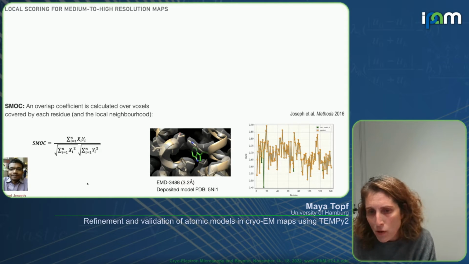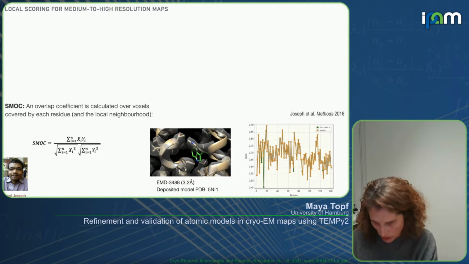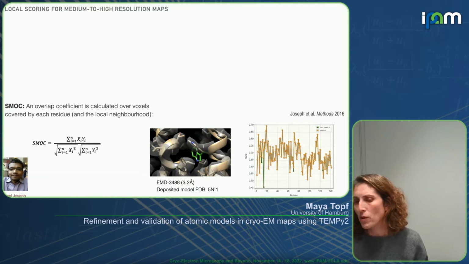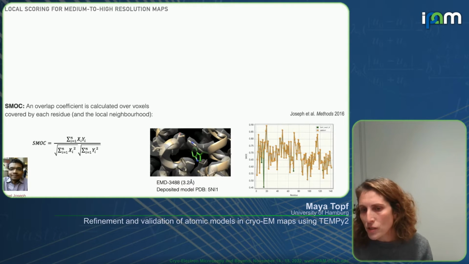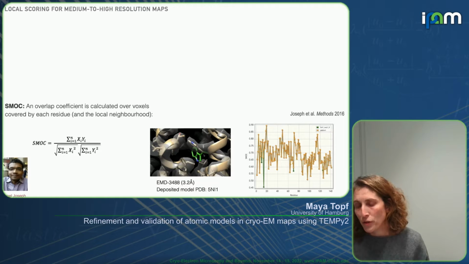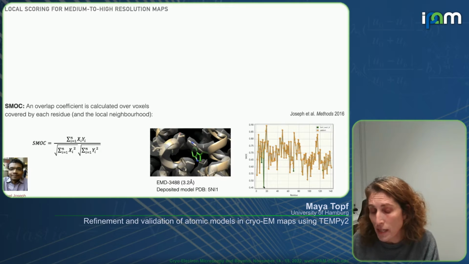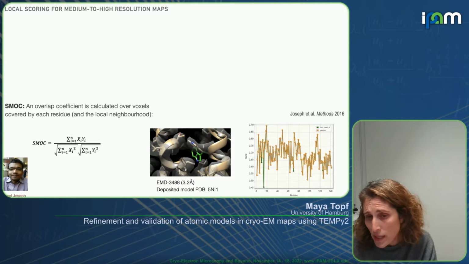It's simply correlation, but looking at a specific amino acid. The usefulness is of course that there are regions that have worse fit for various reasons. If you look at a single amino acid, you can identify if this amino acid is outside the density, or if the whole region is, because then you will see that the SMOC score is going to be lower.